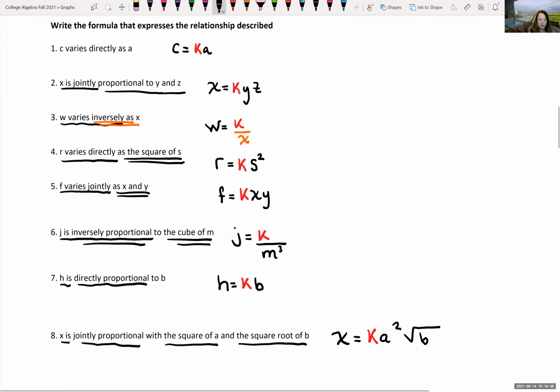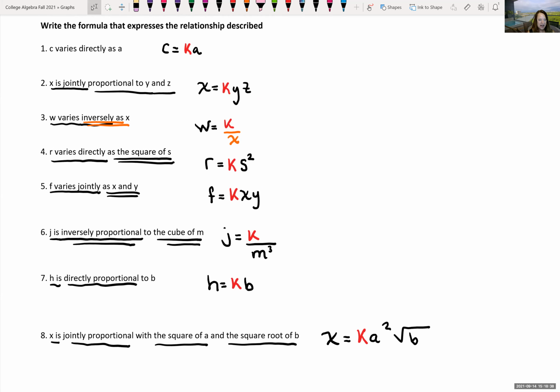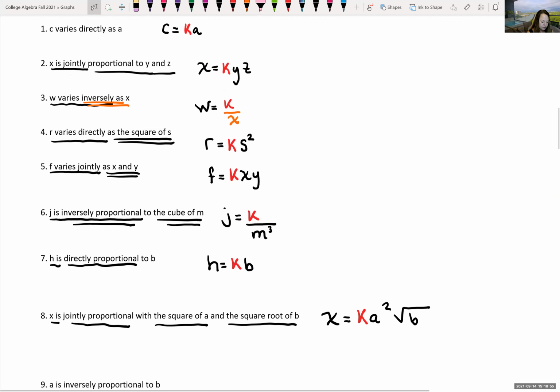Our word problem is always going to have something that helps us set it up, where we write out the equation that we're given. Then they give us some information about our variables so that we can figure out what that K value is representing.